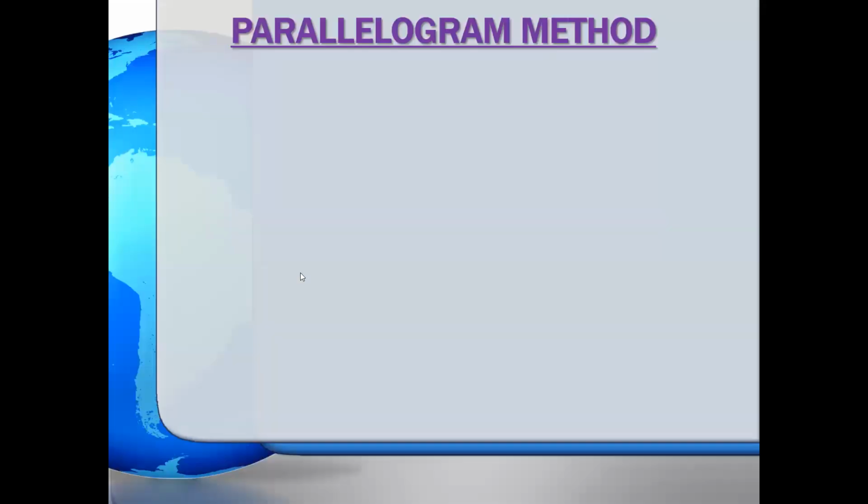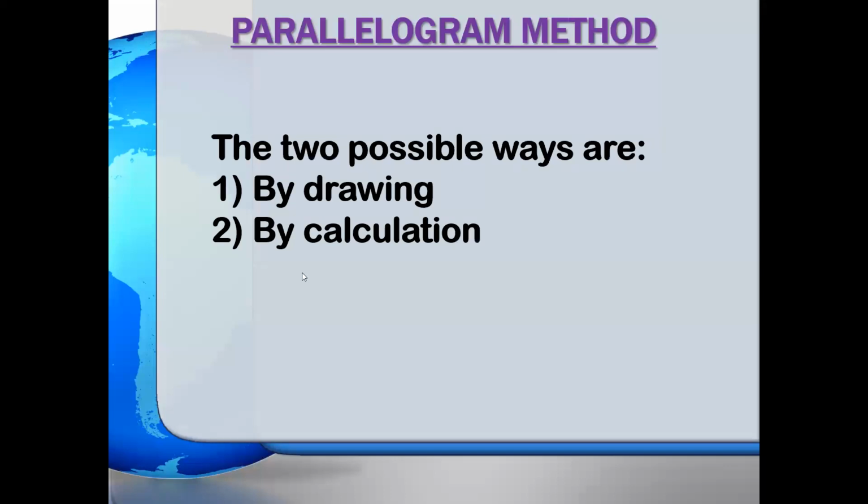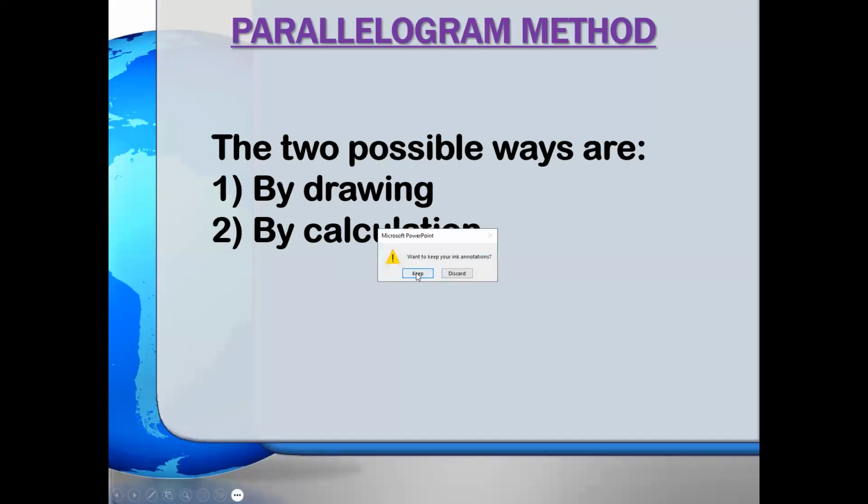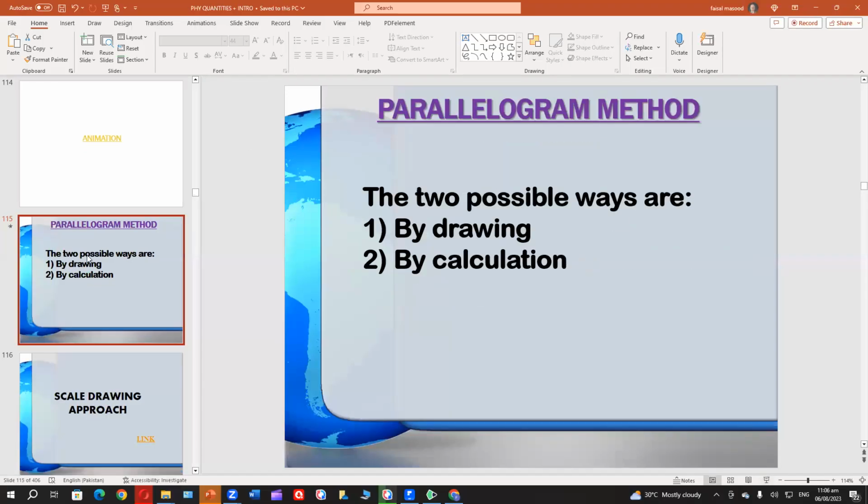Now, parallelogram method can be done in two possible ways. Number one, by drawing. Number two, by calculation. So when you talk about parallelogram method, there are two ways to solve it. One is the calculation method, and second is the drawing method.